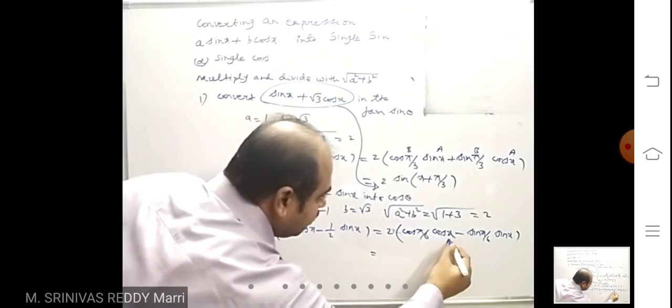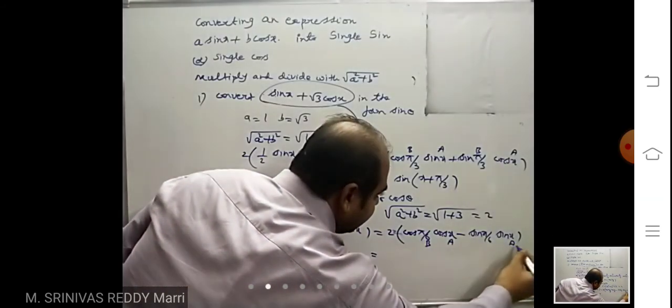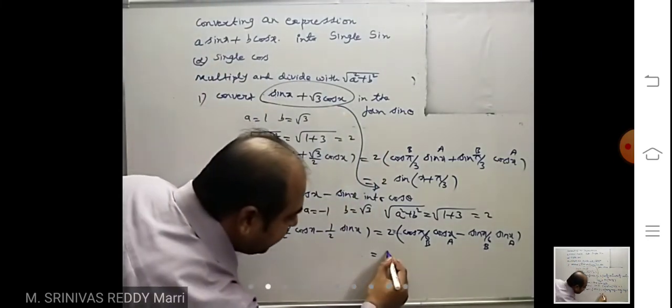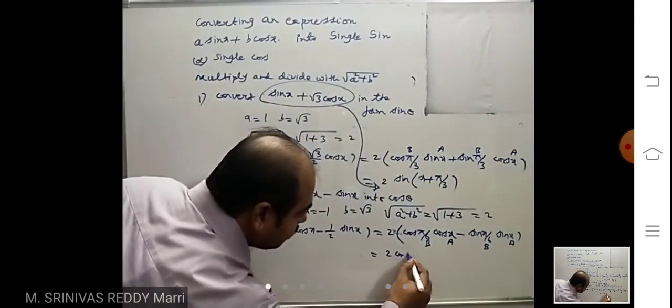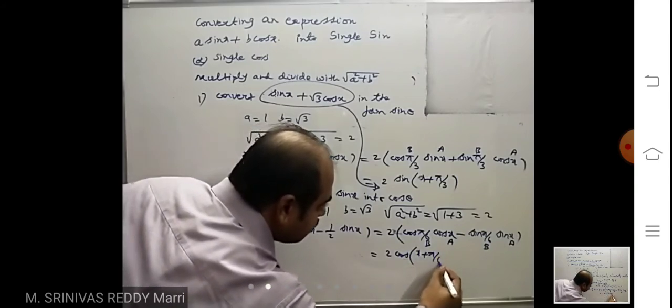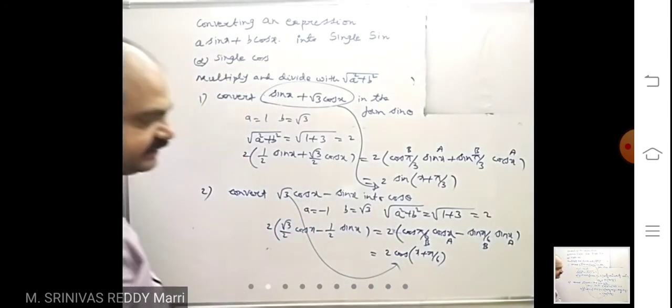So this is cos A cos B minus sin A sin B. What is cos A cos B minus sin A sin B? Cos of A plus B. Look at it is converted like this.